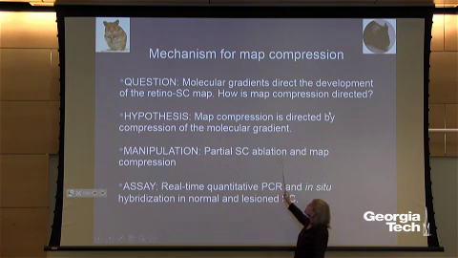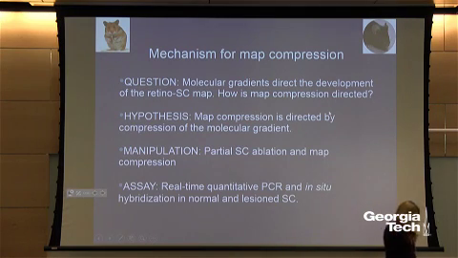But we wanted to address the molecular basis of this situation. So we know that there are two basic steps in refining the projection from the retina into its target structures. One of those steps is directed by molecular gradients.